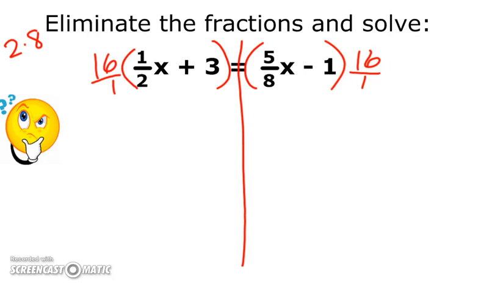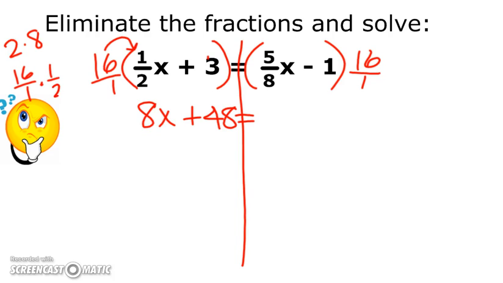All right, so 16 times 1 is 16 divided by 2 is 8x. 16 times 3 is plus 48 equals, and if you don't know that math, it's 16 times 1, over 2, right? 16 divided by 2 is 8. And then 16 times 3 is 48. I did it in my head, of course, but if you need to use a calculator, do not be afraid. And then 16 times 5 is 90 divided by 8.